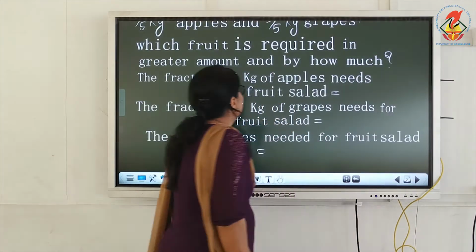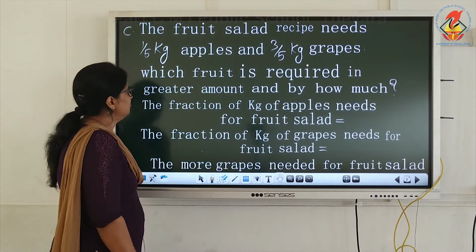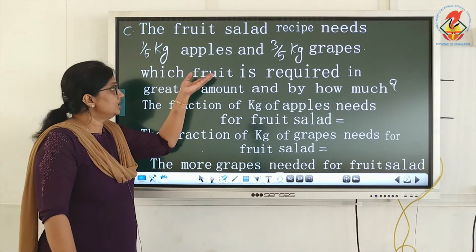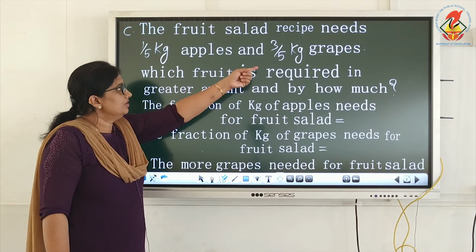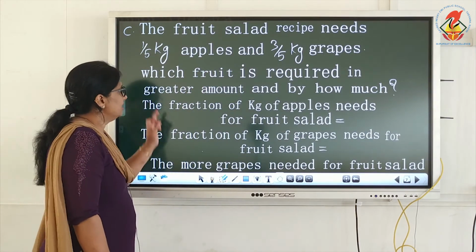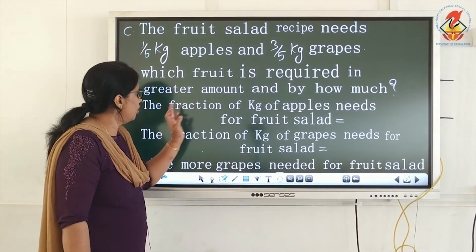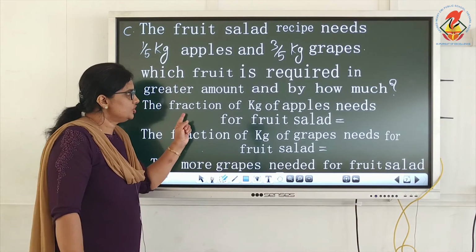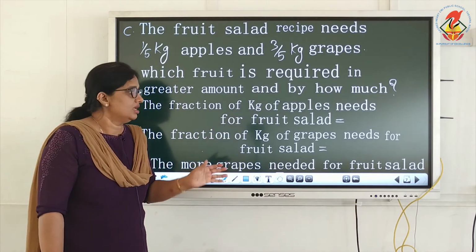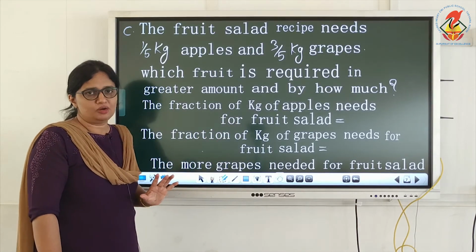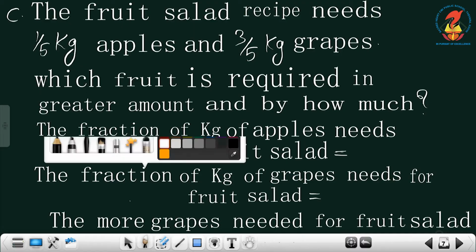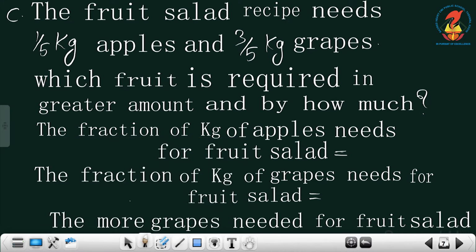The next one: a fruit salad recipe needs 1 by 5 kg apples and 3 by 5 kg grapes. Which fruit is required in greater amount and by how much? The fraction of a kilogram of apples needed for fruit salad equals how much? Tell me.